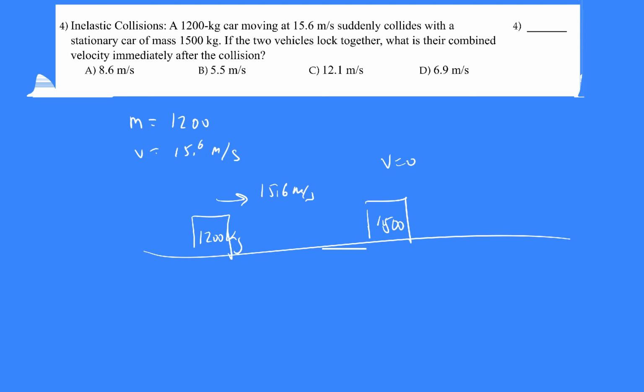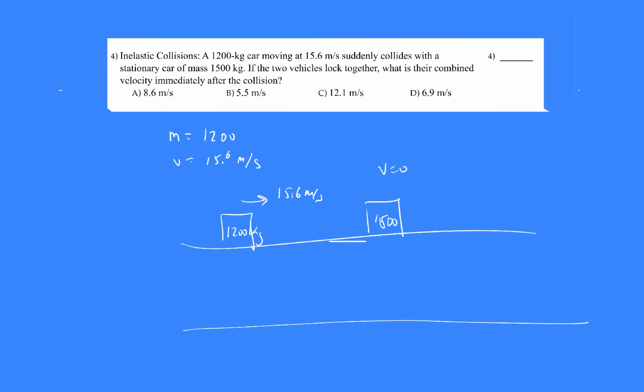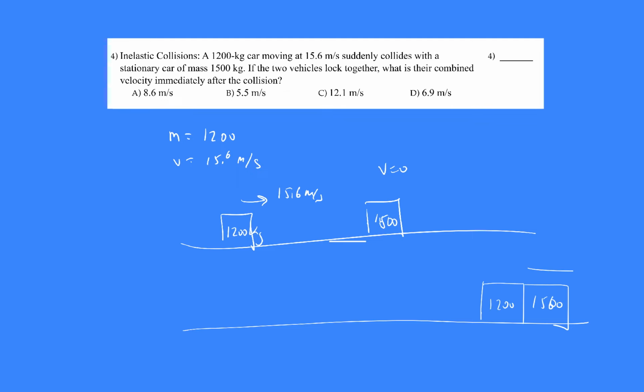If they lock together in a collision, the momentum is always conserved. After the collision, both objects, the 1,200 and the 1,500, move together with a certain velocity v.